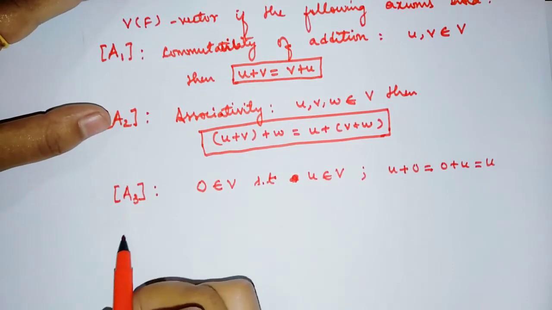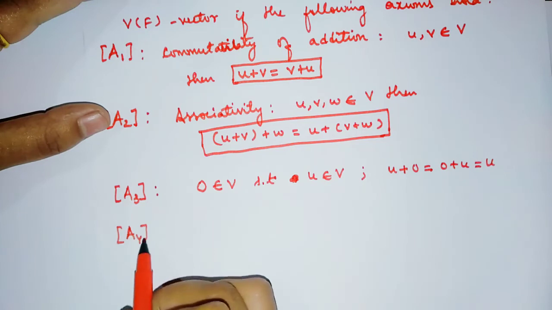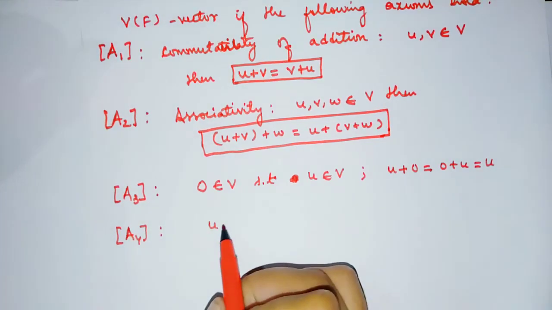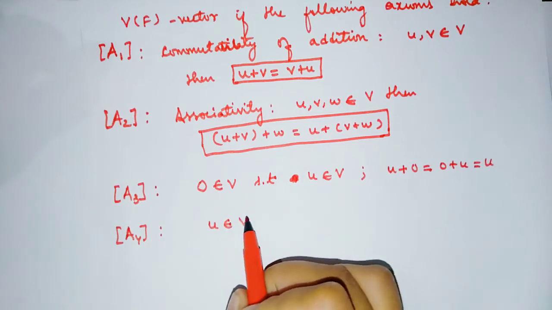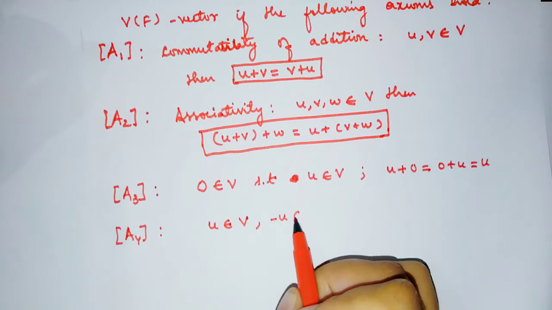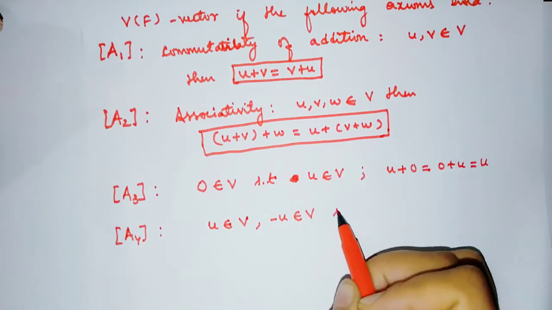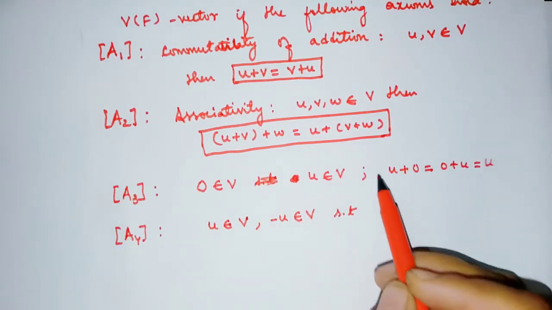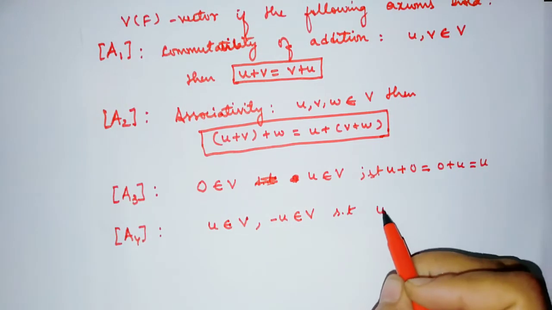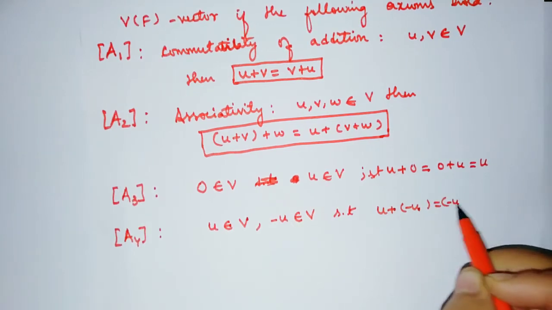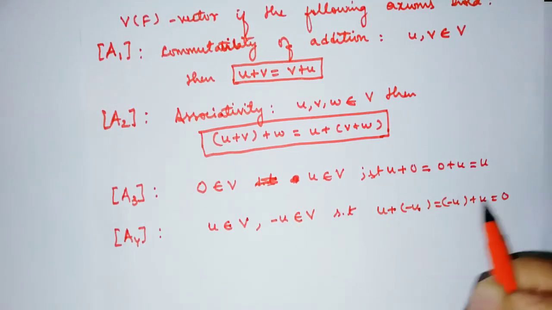This is the third one. And then A4. In A4, for any u belonging to V, there is a vector denoted by minus u which belongs to V such that u plus minus u is equal to minus u plus u is equal to 0.